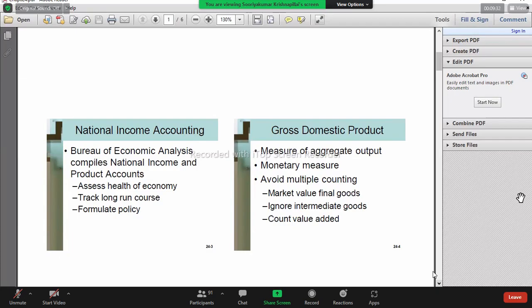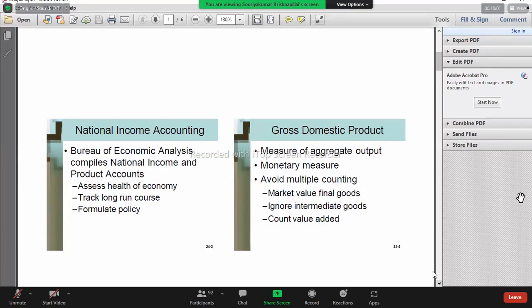If we sum up the value added by each production unit from the farm to the bakery, that is the value of final goods and services, the value of the bread.